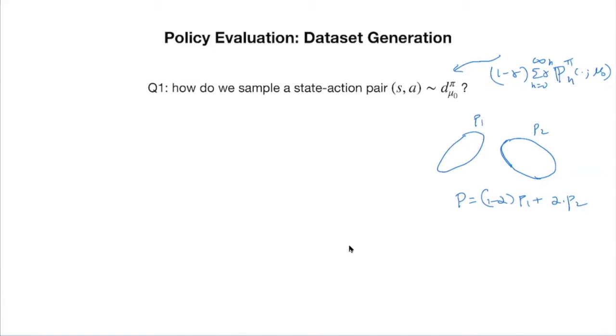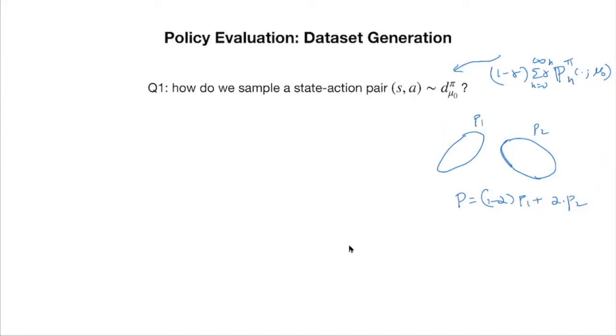So think about this example. I want to sample a point from this mixture distribution. I have weight 1 minus alpha on P1, weight alpha on P2. P1 and P2 could be dependent on each other. It doesn't matter. So what I can do is first flip a coin to decide which distribution to pick.